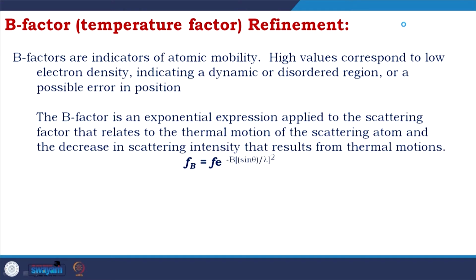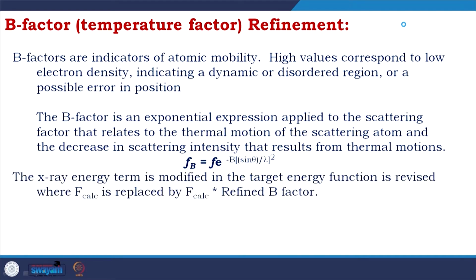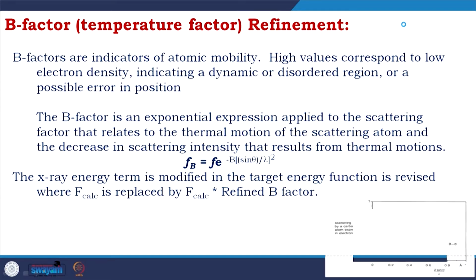The formula is Fb equal to F e to the power minus B sin theta by lambda whole square, where Fb is the modified scattering factor with B the temperature factor. The X-ray energy term in the target energy function is revised, where F calc, the calculated structure factor, is replaced by F calc star with the refined B factor.